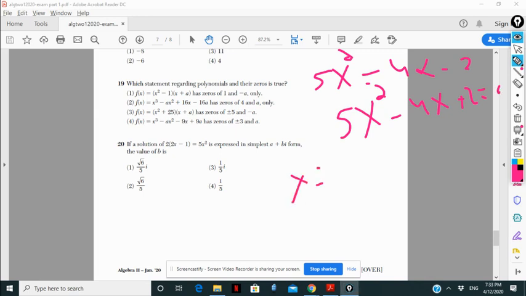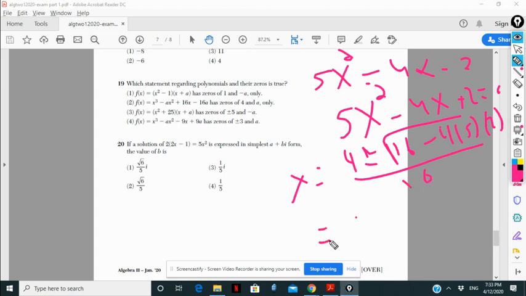So x equal to 4 plus or minus the square root of 16 minus 4 times 5 times 2, over 10. It's giving me 4 plus or minus, over 10, the square root of negative 40, that's negative 24.